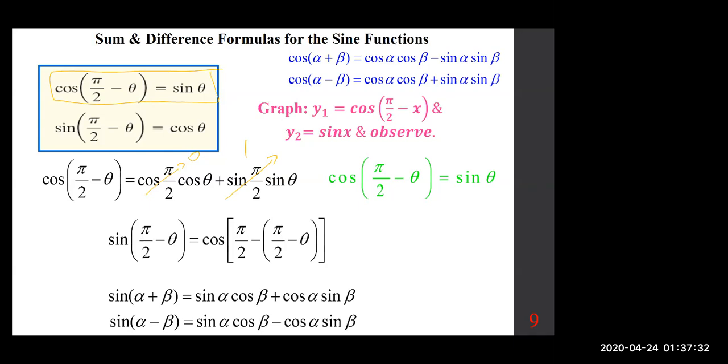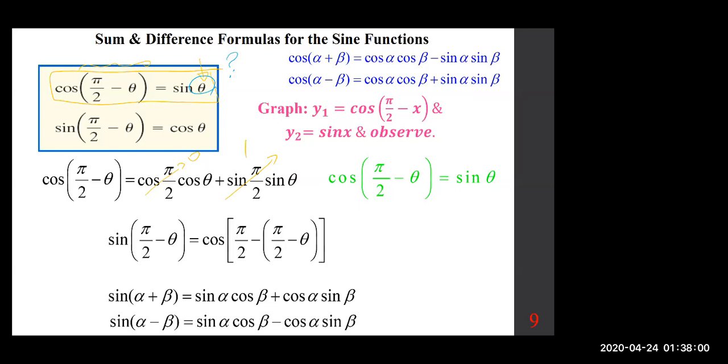Sine of theta, this is the right side. And look at the left side, it is pi over 2 minus that. So I want you to think of theta as something else. Even I'm going to put a question mark. Something else.